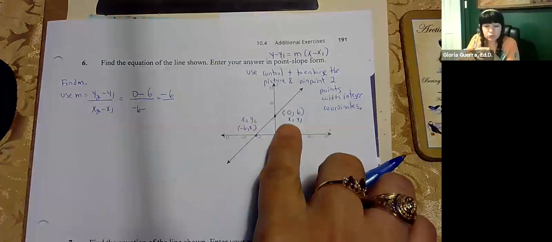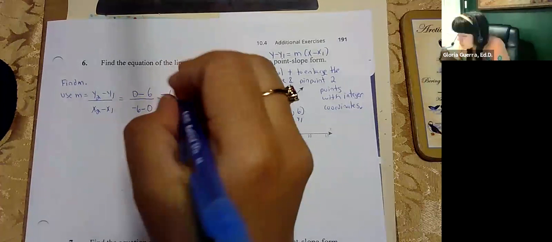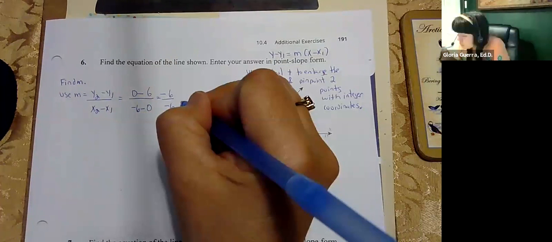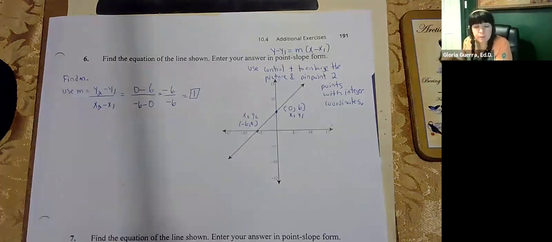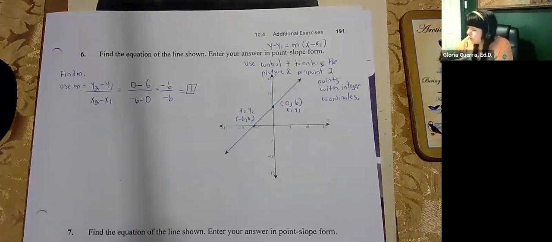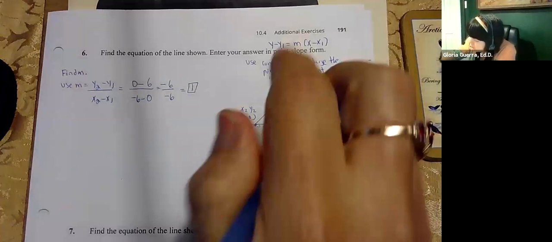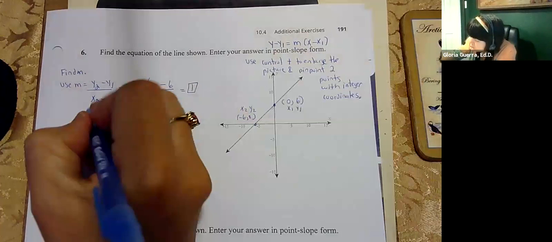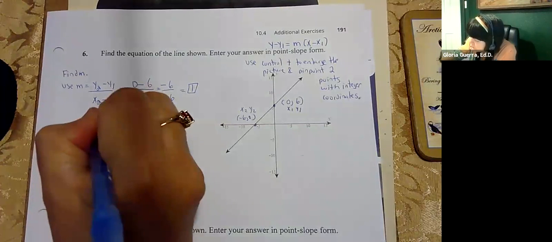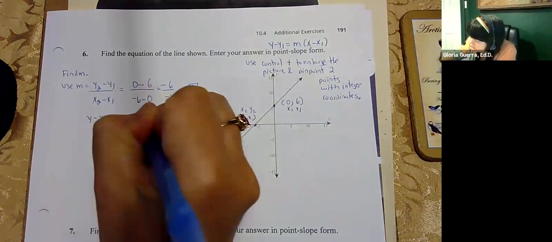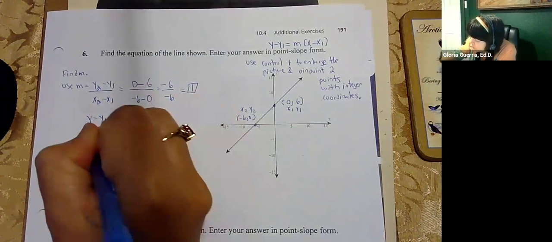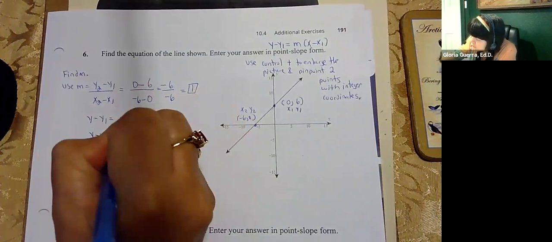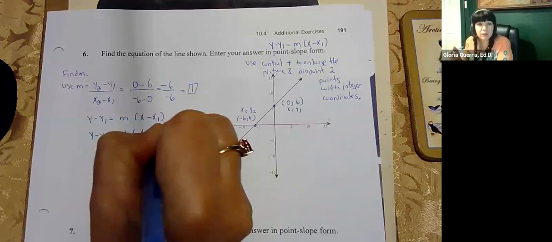And -6 divided by -6 is +1. Okay, so there's your m. Now you would plug into your formula, y minus y1 equals m times (x minus x1). Well, now you know that m is 1.